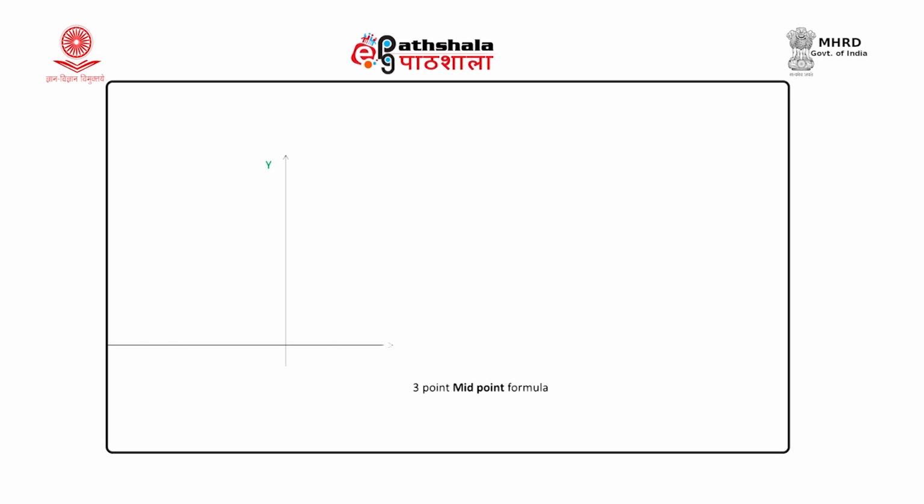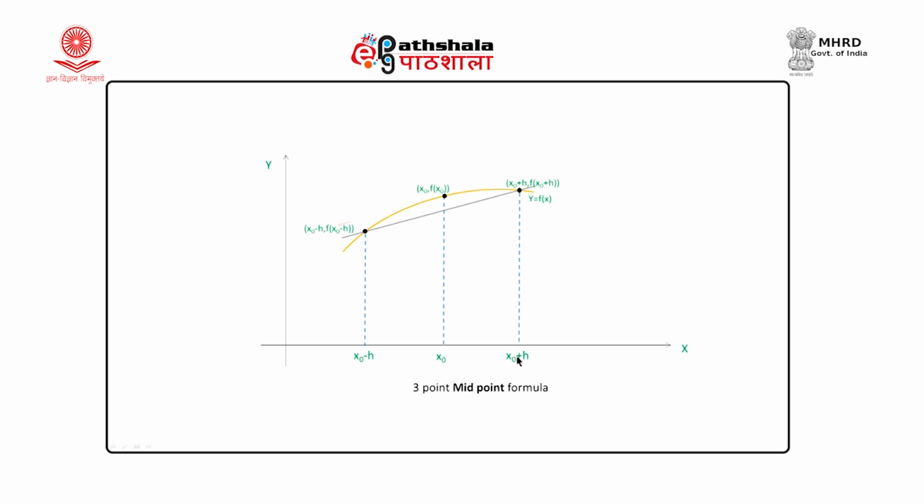Now, let us have a look graphically at this 3-point midpoint formula. So, you have 3 points x0 minus h, x0 and x0 plus h, and let this be the graph y equal to f, the slope of the tangent gives you f dash. Now, this is the point x0 minus h, f of x0 minus h, this is the point x0 plus h, f of x0 plus h.